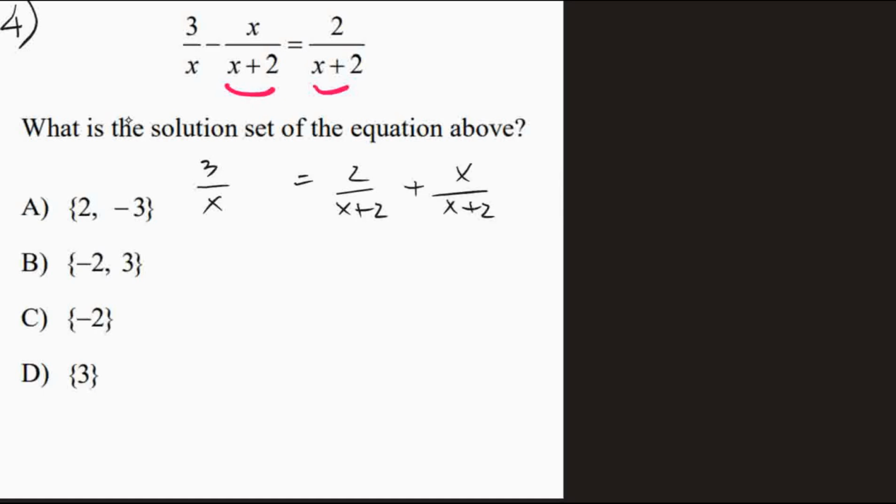Now because it's the same, we just combine that. So in math, we are trying to always get the simplest way to solve the problem. So now it becomes the same. So 2 plus x is equal to x plus 2. We can cancel this out.